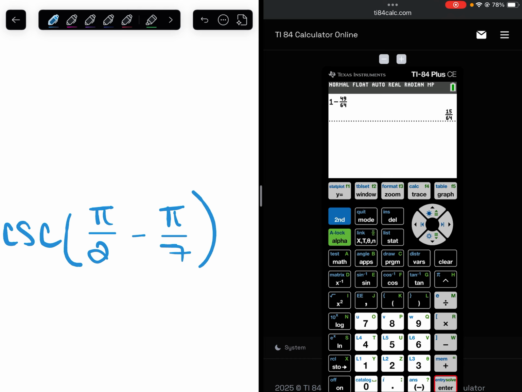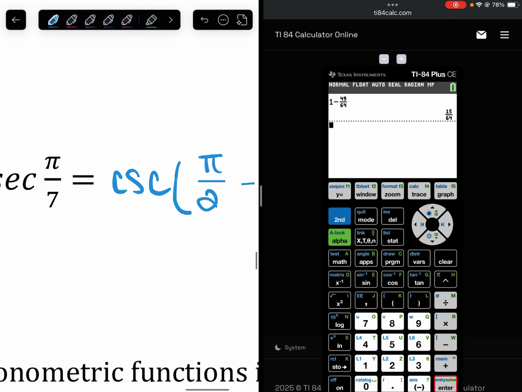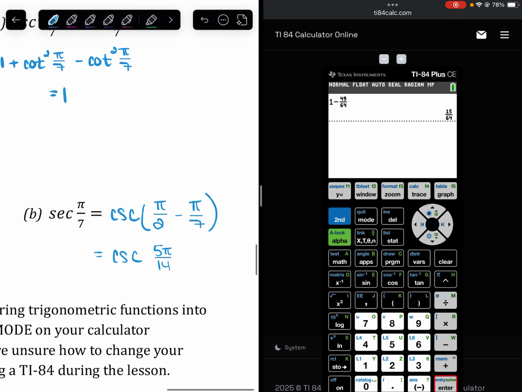And we get 5 pi 14ths. So cosecant of 5 pi 14ths. So again, if we did both of those, we would get the exact same answer.